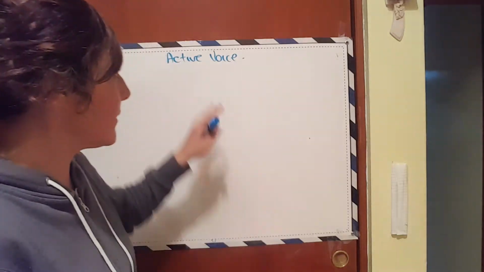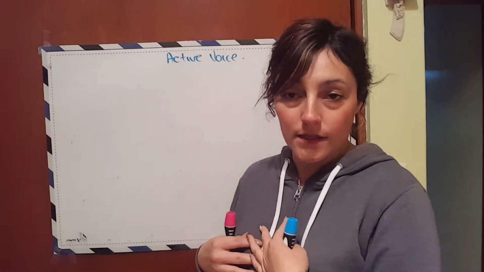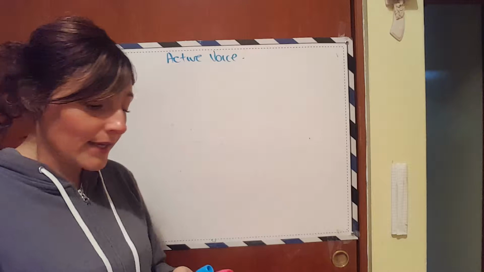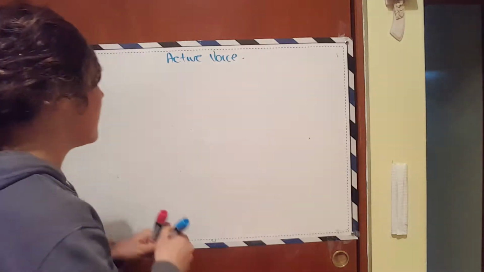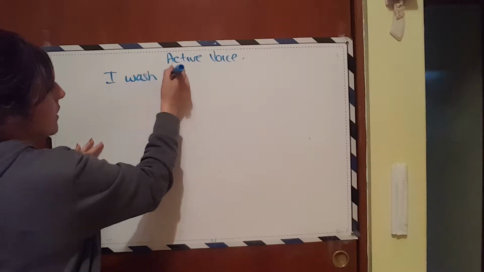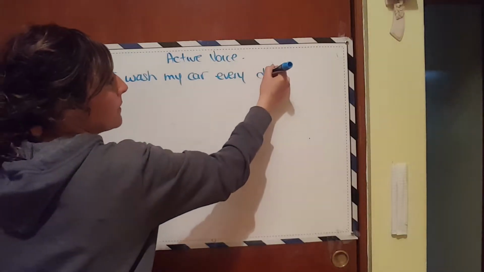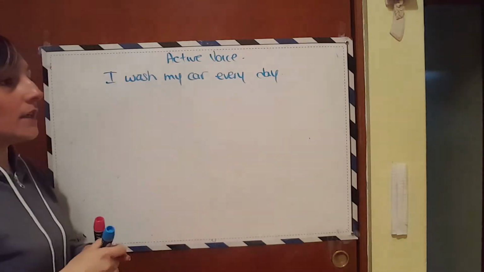right? So remember that in the active voice, we are focusing on the person that does an activity. We are not focusing on a person or an object that receives an activity. That is the active voice, right? My example was: I wash my car every day, right?